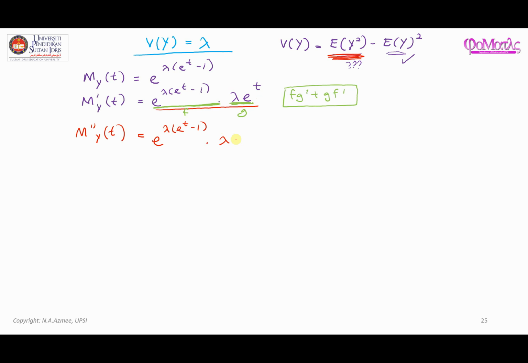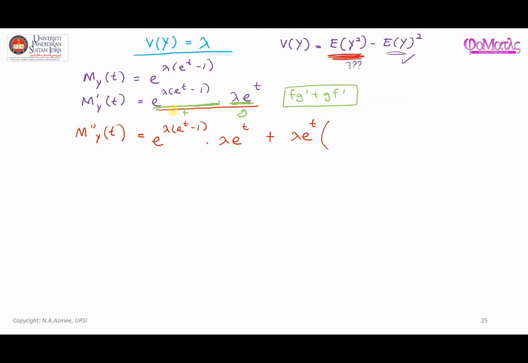Differentiate e to the power of t, you get back e to the power of t, so that is fg′. Next, plus g, which is λe^t, times f′, which we need to obtain by differentiating this.